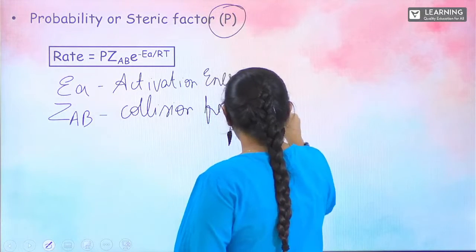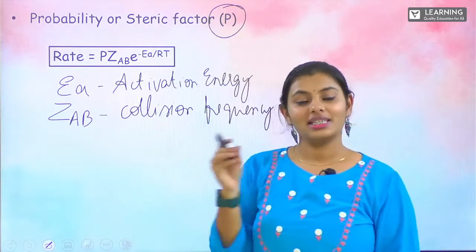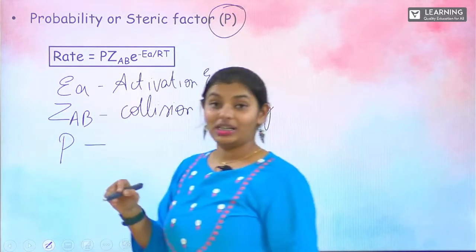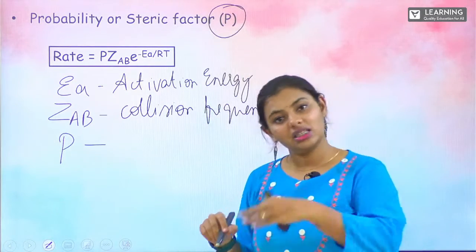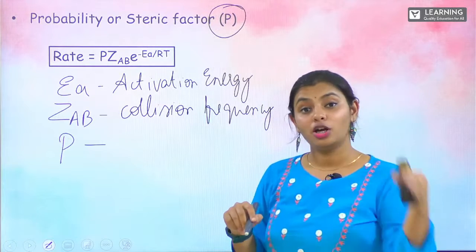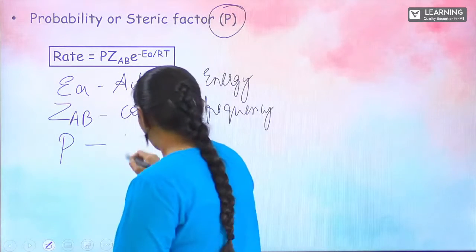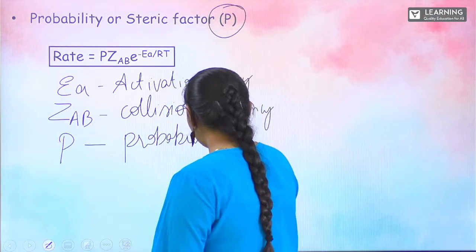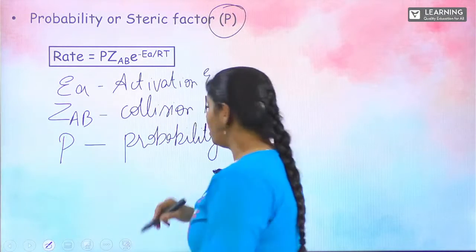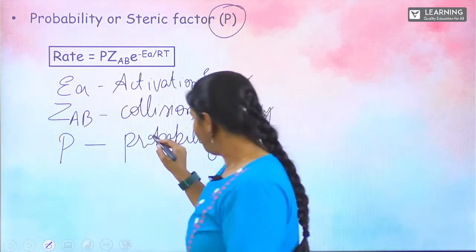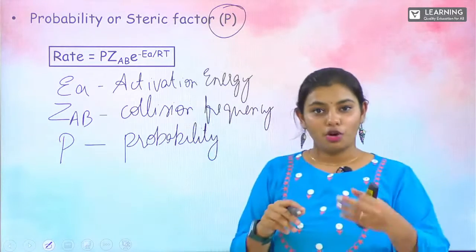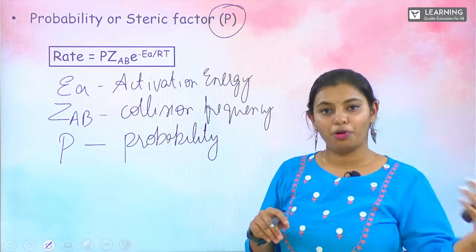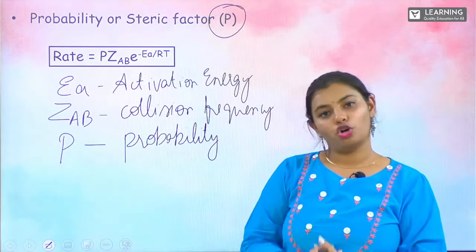And along with that, we saw the steric factor or the probability. So this also determines the rate of the reaction, as in the rate of the reaction is dependent on the probability as well. What is probability? Probability is nothing but the orientation, whether the reactant molecules have proper orientation while they are colliding.